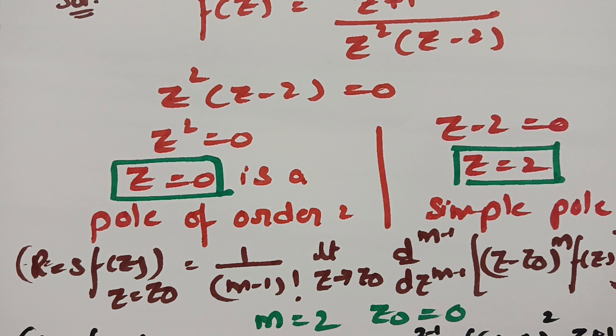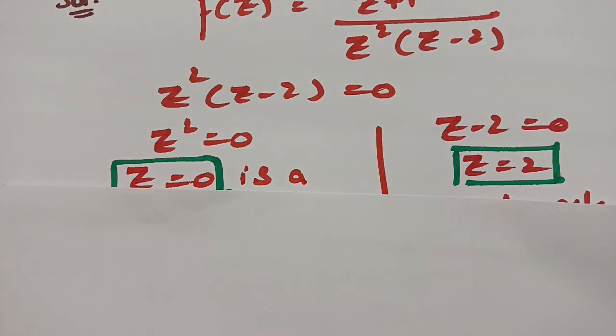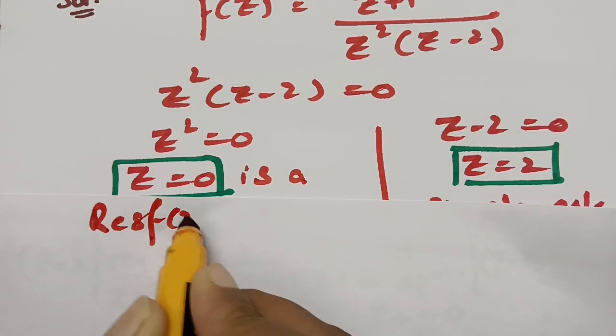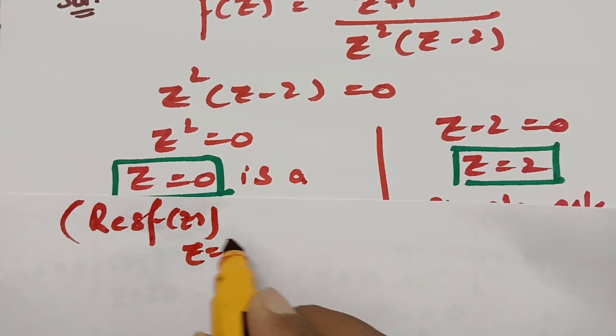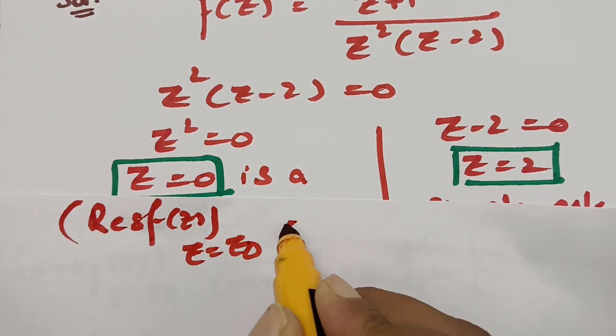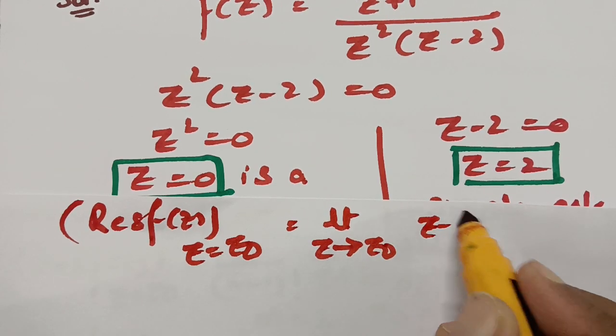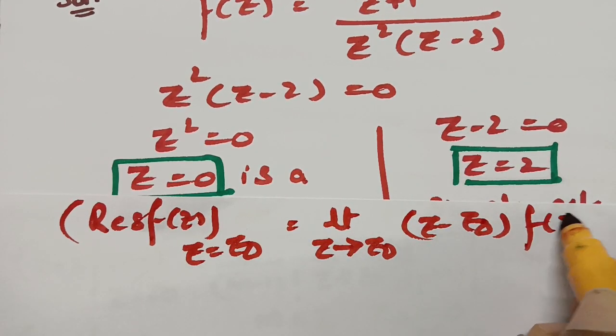So for z is equal to 2, as it is a simple pole, the residue of f of z at z is equal to z naught is the limit z tends to z naught of z minus z naught into f of z.